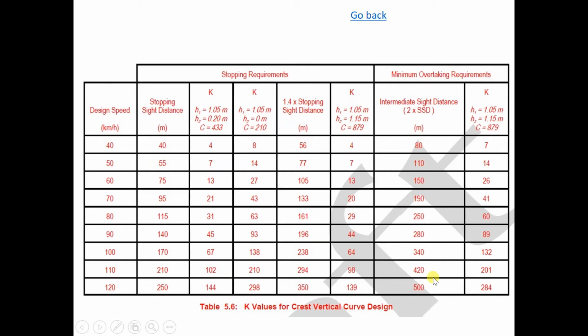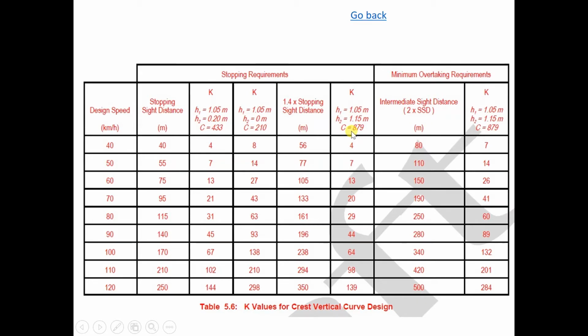For the right hand side, this is the overtaking requirement. The overtaking requirement is 2 times SSD. Whatever the stopping sight distance is, if you want to overtake, you need double the length. They have the corresponding K as well. Remember the K, we said previously that K equals L divided by A. L is the length of the vertical curve, and A is the algebraic difference between the two gradients.